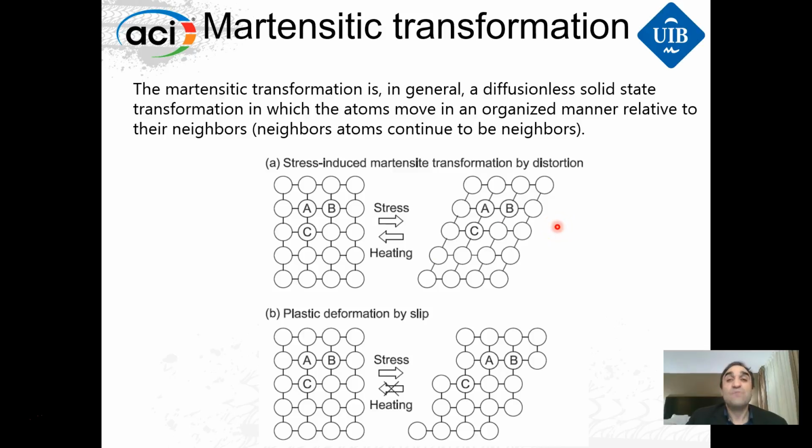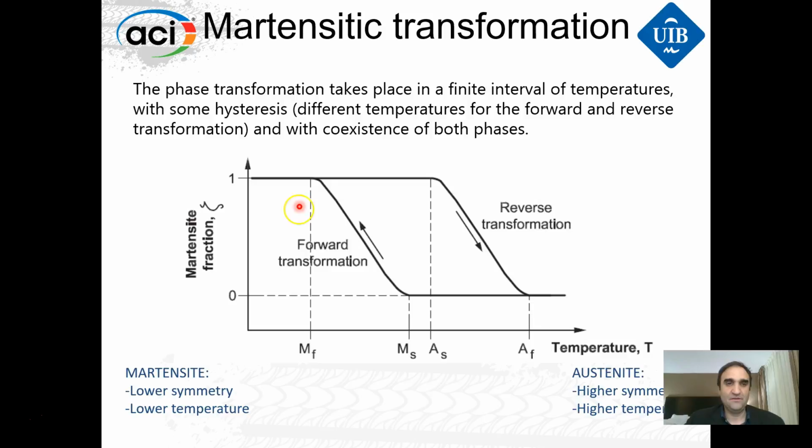So very small movements, but all coordinated, so you can have very important macroscopic movements and deformations, and then unloading or heating the material, we can go back, because these two atoms are still neighbors, and so we can go back.